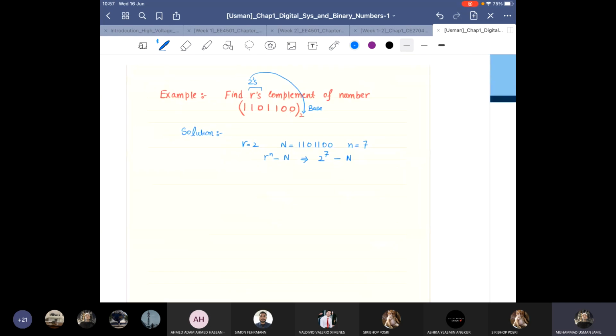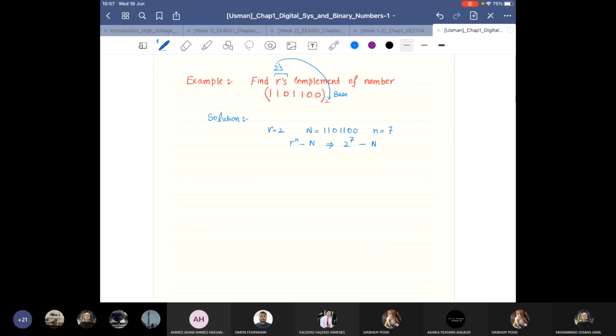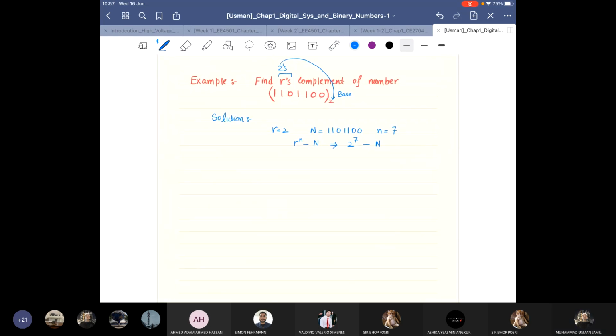So then from this case, you can also do one thing, okay? 2 power 7, you can find in binary. Maybe you can consider this is a decimal number, then you can convert decimal to binary.